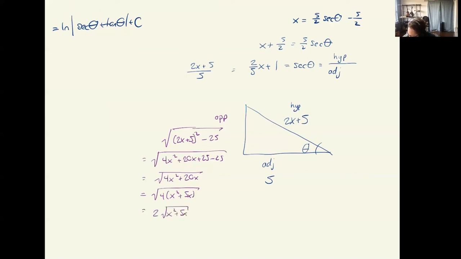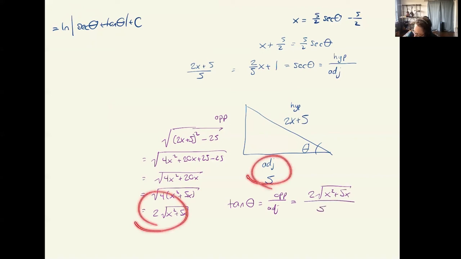Now I can say that the tangent of theta is opposite over adjacent. That's going to be 2 root x squared plus 5x divided by 5. Opposite over adjacent.